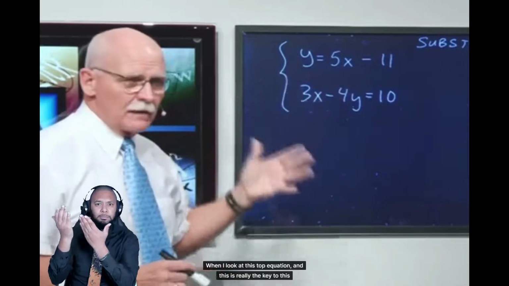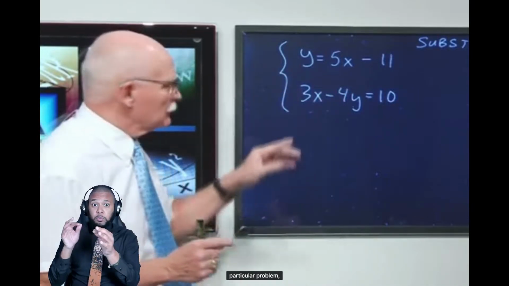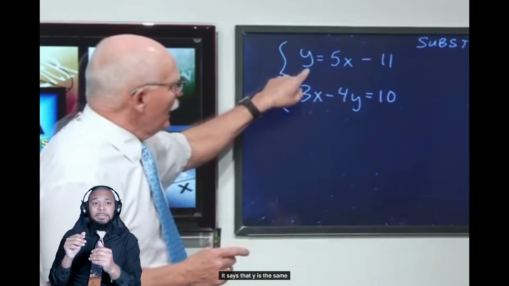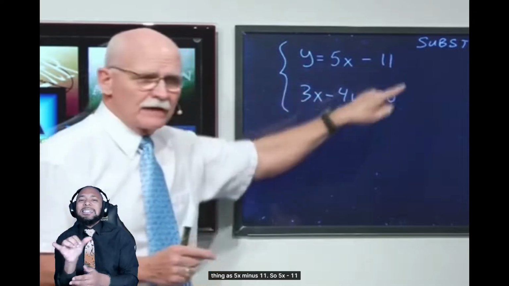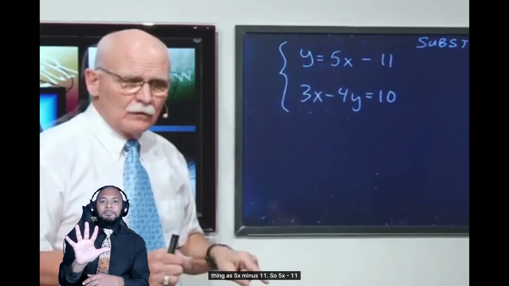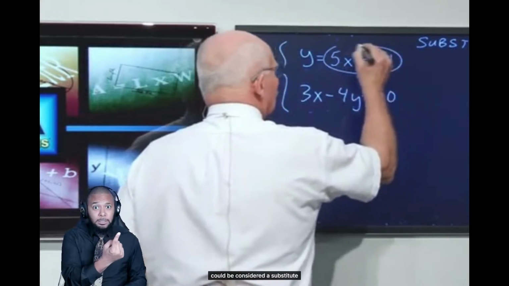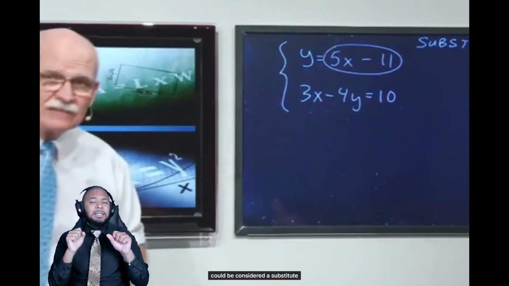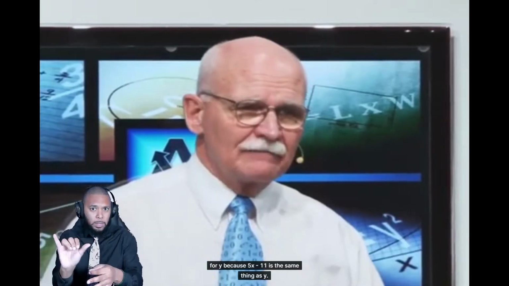When I look at this top equation, and this is really the key to this particular problem, it says that y is the same thing as 5x minus 11. So 5x minus 11 could be considered a substitute for y, because 5x minus 11 is the same thing as y.